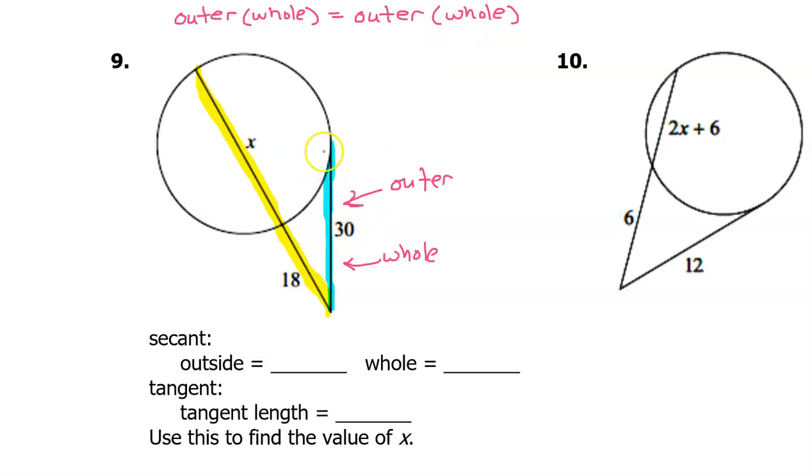This 30 is the outer part, and it happens to be the whole thing because there is nothing else. So we can modify the formula a little bit. I just mentioned to you that this blue line is called the tangent line. So when you have a tangent line, the tangent line is the outer part, as I just mentioned, and it is also the whole.